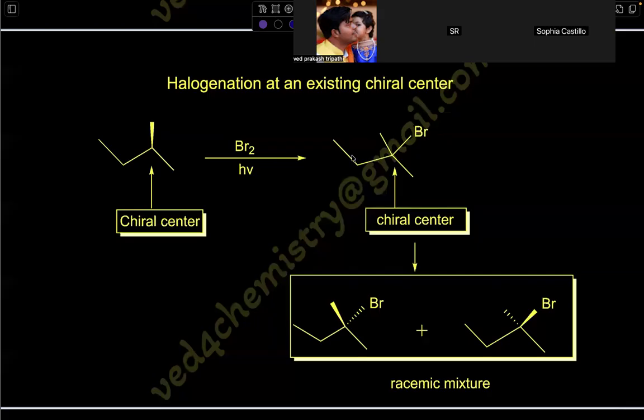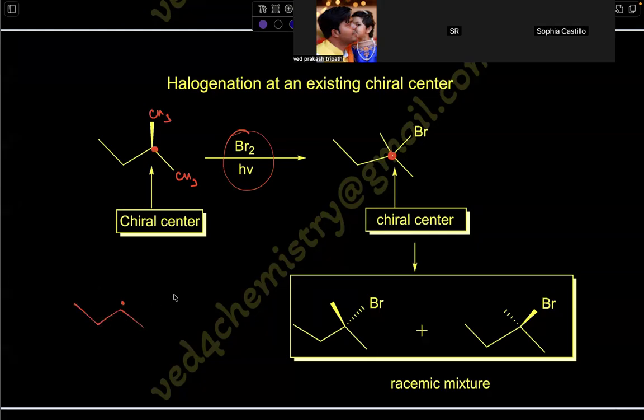Halogenation at an existing chiral center. It means we have a bromination, so the most stable. This is the most stable, you can see. Okay, first of all, this is not a chiral center here. You can see this is not a chiral center. This is a methyl, and this one is also a methyl. It should be a hydrogen, then we can say. Make sense? If we have a hydrogen here, supposed to be like this.